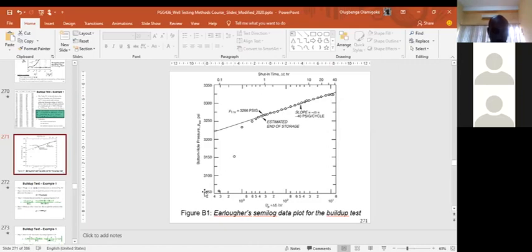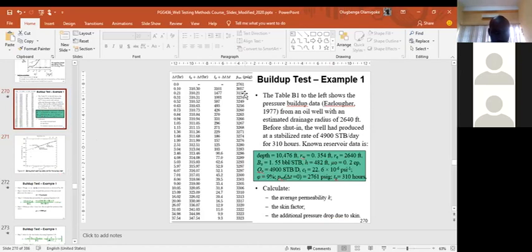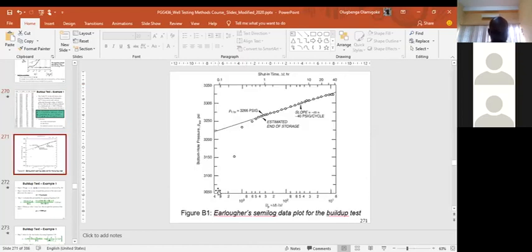The lower end is a matter of convenience. Now take note, the shut-in pressure at shut-in time of 0, this 2763, is not going to come up on your plot. So you are starting with the 3057, and that is what coincides with the point here.